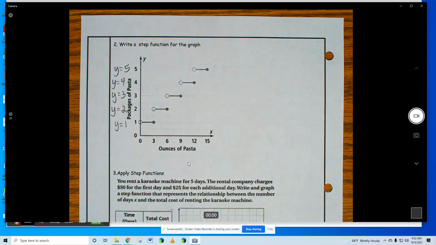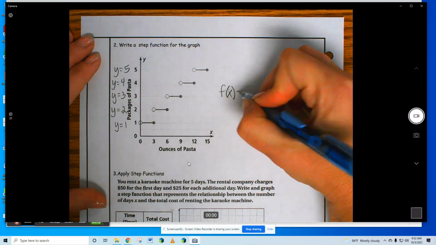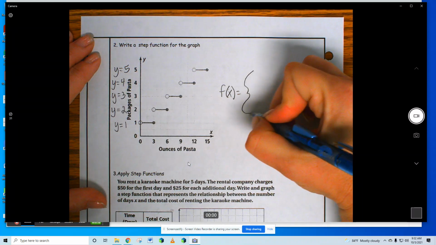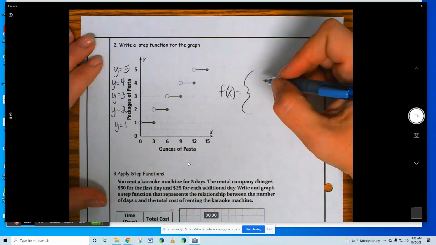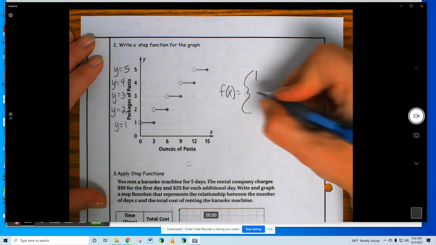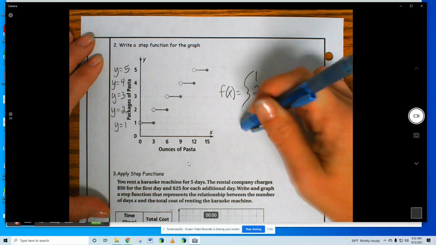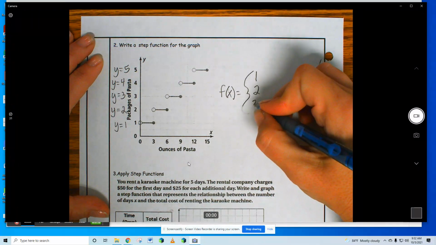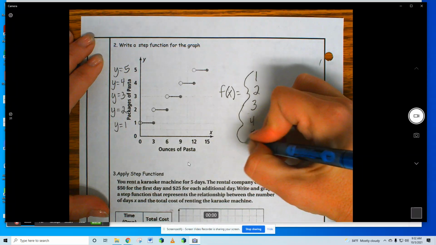So those are my equations. Honestly, we need to start with the lowest one: 1, 2, 3, 4, 5. Okay?